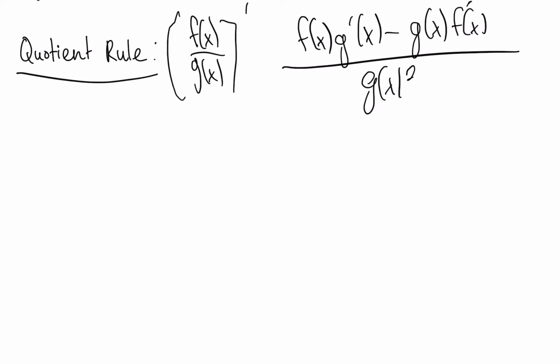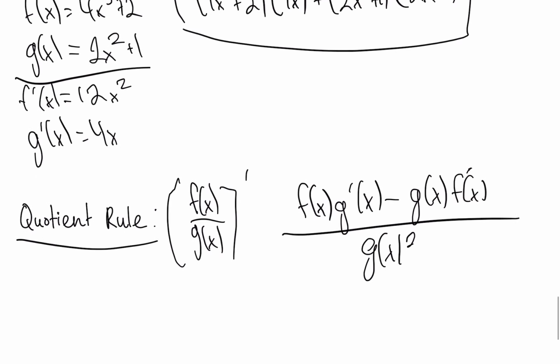But what I assumed it meant is that the derivative of the low function on bottom times the top function minus the derivative of the top function times the bottom function over the bottom function squared shall go. And it's just a way to remember it.